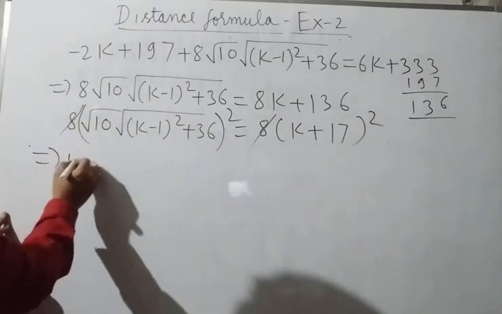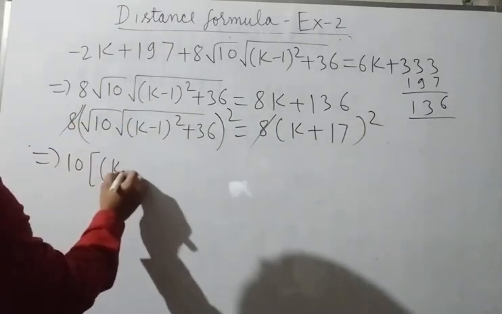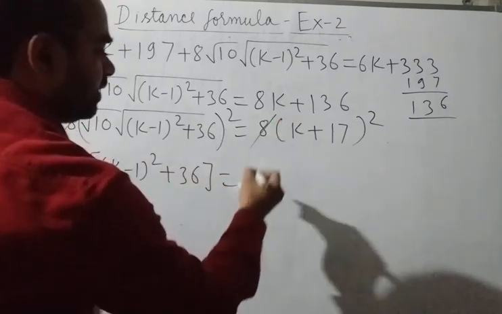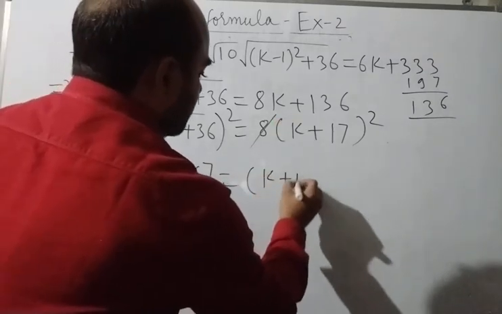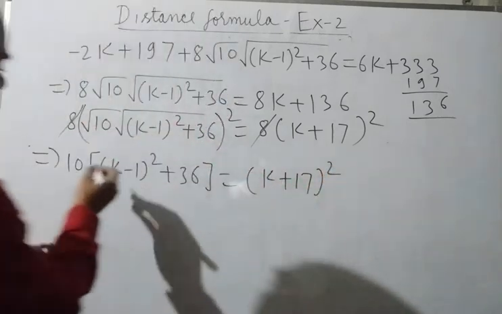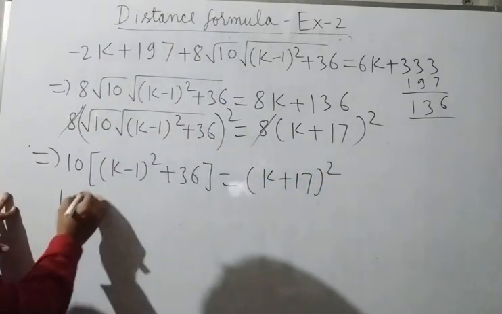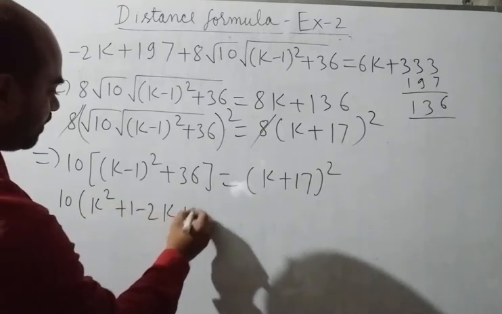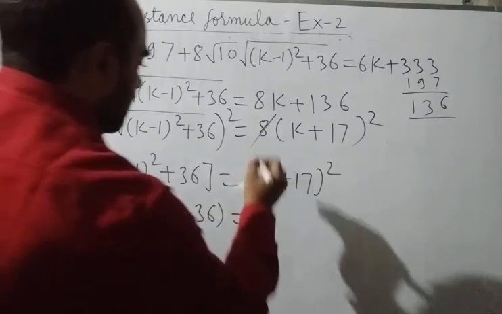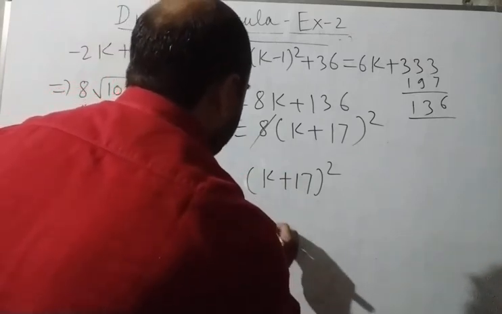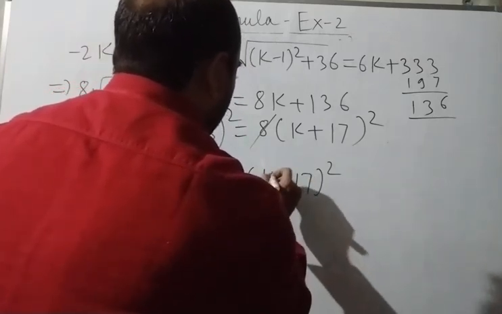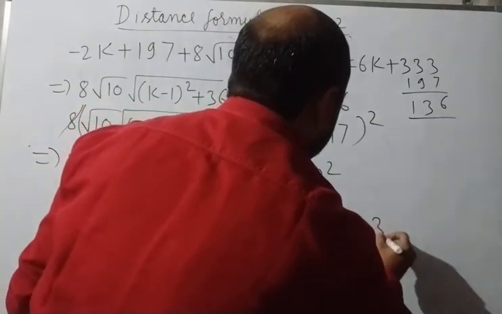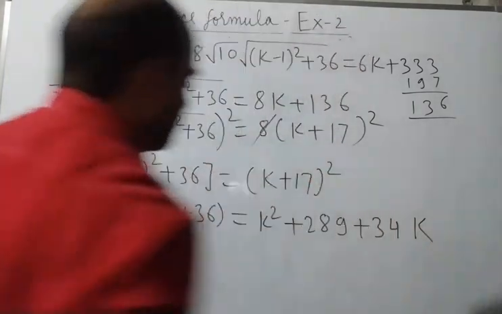What is left? 10 times (k minus 1) whole square plus 36, and here (k plus 17) whole square. So finally this will give 10 times k square plus 1 minus 2k plus 36, and this will give k square plus 289 plus 34k, correct?